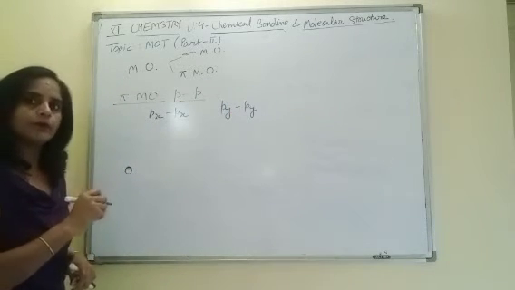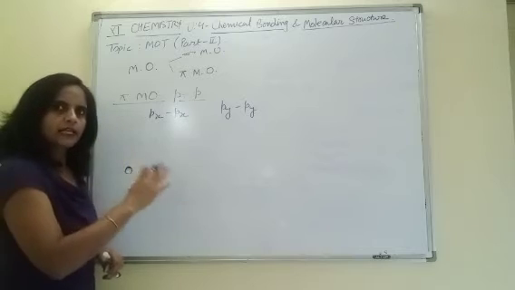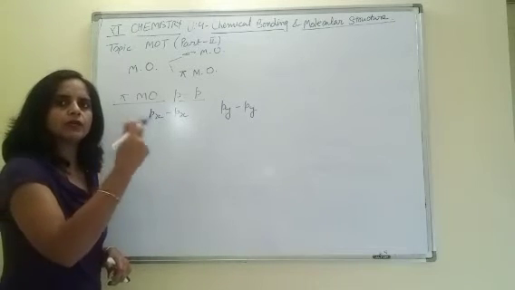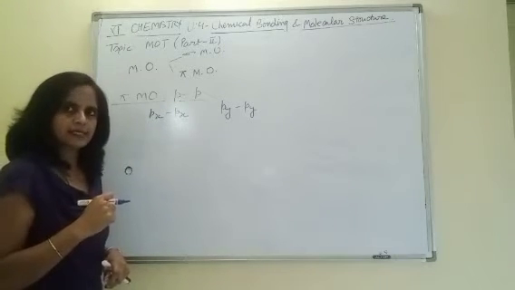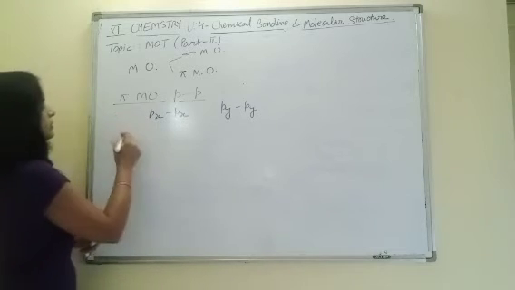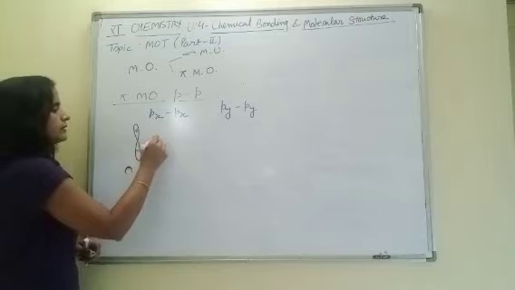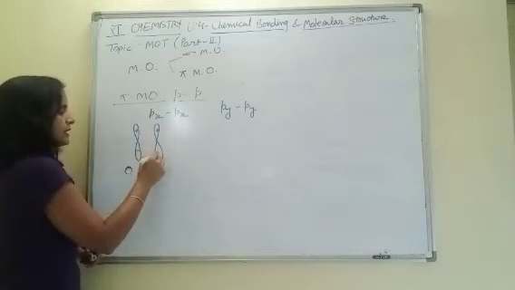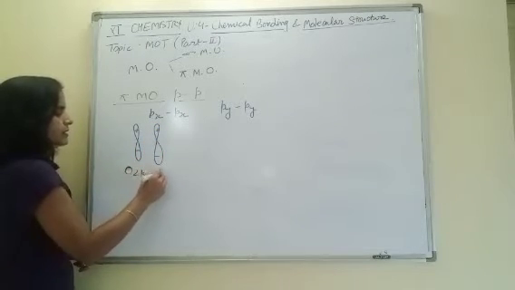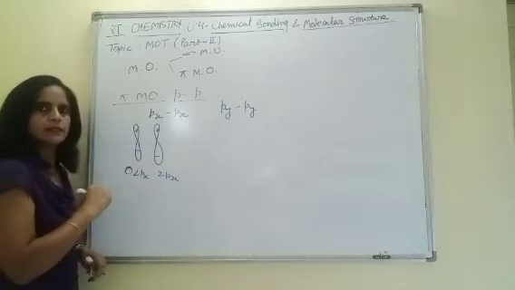And we know the pi bond is formed by sidewise overlapping perpendicular to the internuclear axis. Got it now? So just take, this is the first orbital, this one is the second. 2px, 2px.